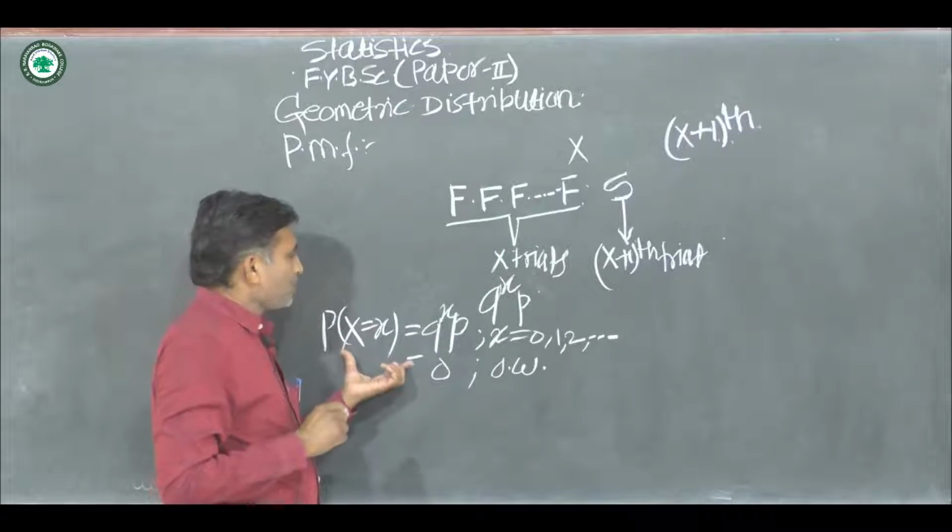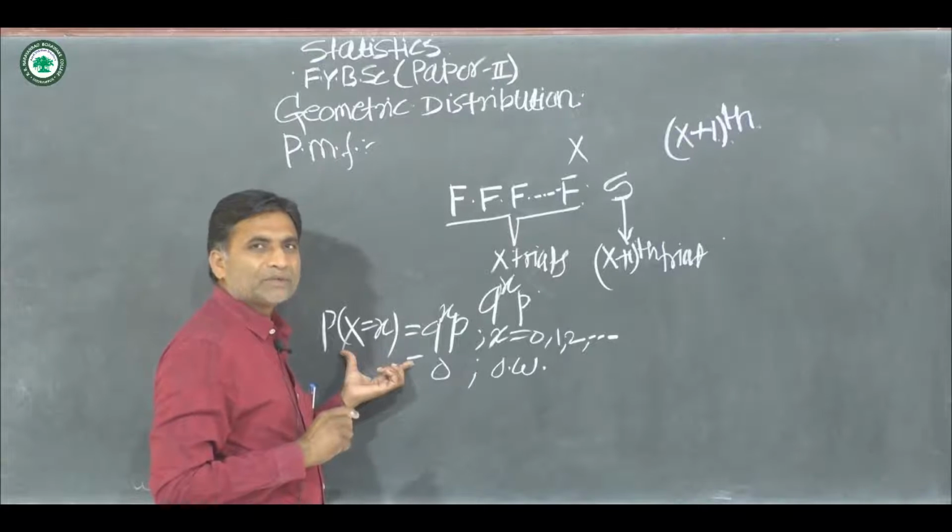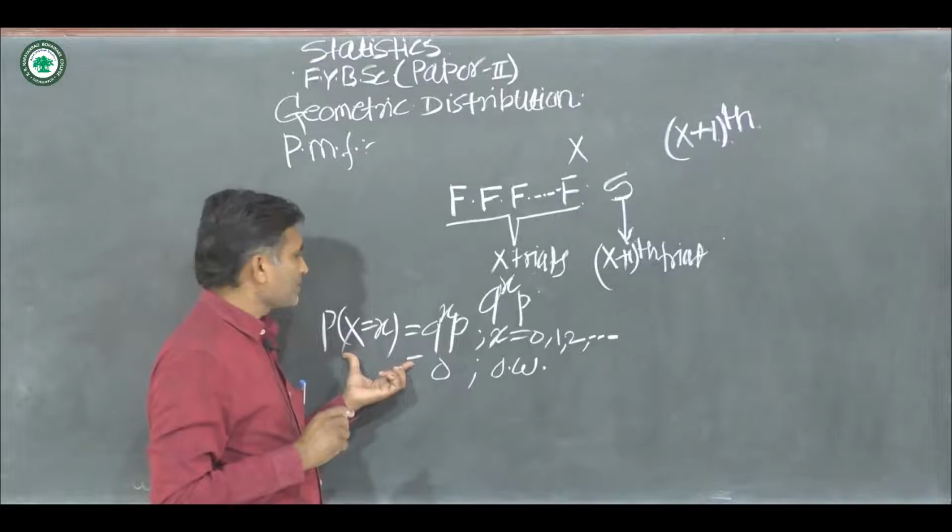This is the probability mass function of geometric distribution.